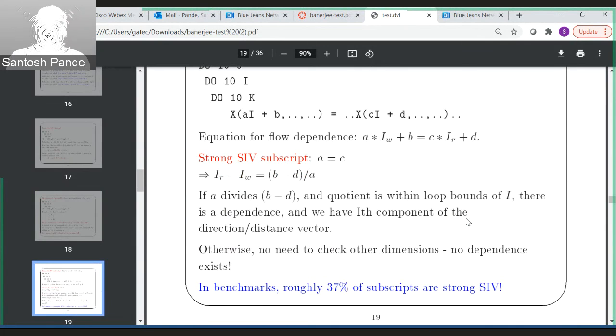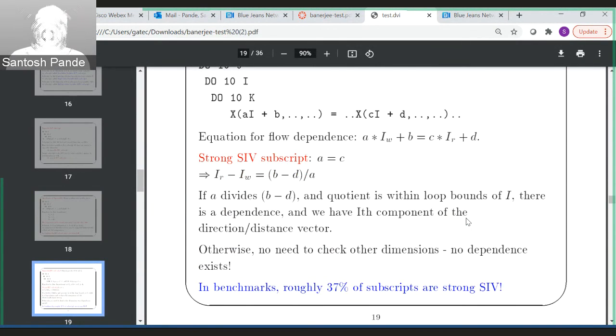And for that to be integral, B minus D must be divisible by A. If it is not divisible by A, then we have a non-integer being equated to an integer, and that cannot have a solution to this system of equations. So the condition that is necessary for the dependence to exist is that A must divide B minus D.